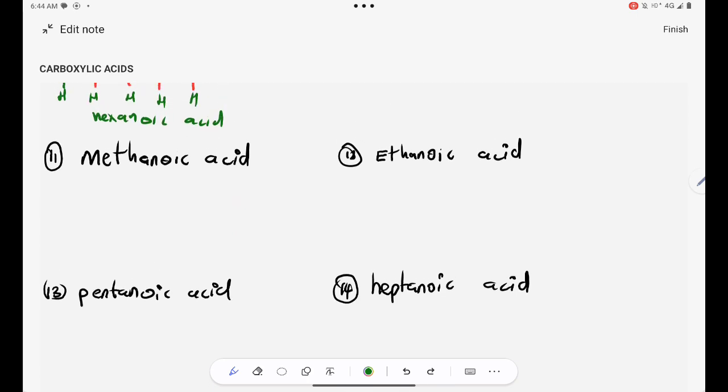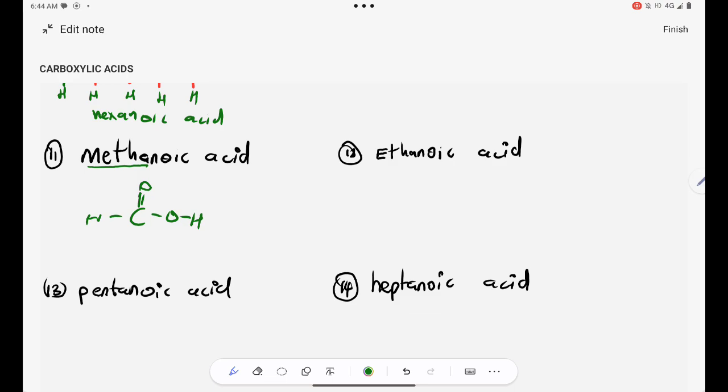Okay, now I'm given the IUPAC names. All I have to do is to just draw the structure. The structural formula for methanoic acid. Methane simply means I only have one carbon on my parent chain, so this will be simple. This will be the structure of methanoic acid. And then ethanoic acid.